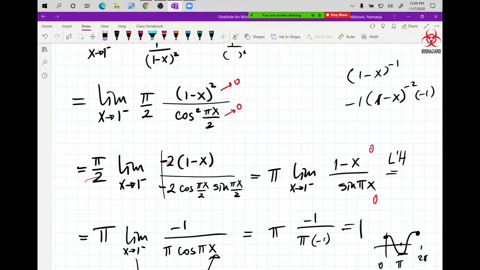So there was supposed to be a pi over 2 in front over here as well. Okay. Let's fix this now. So this pi over 2 is in the denominator, so that will cancel completely.